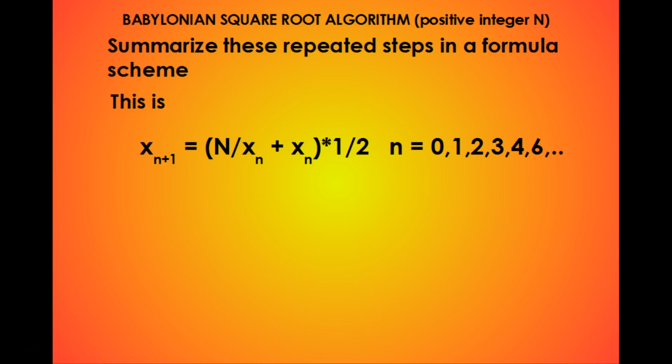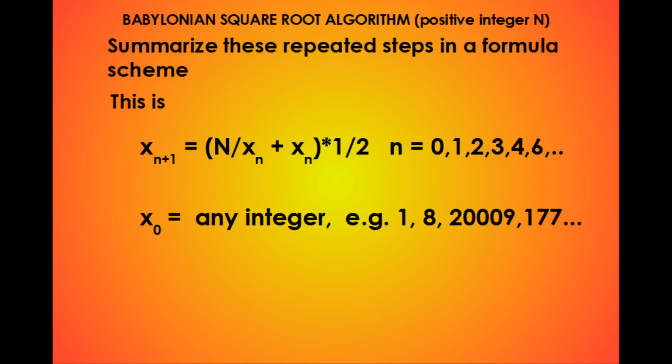And xn is the value that was got from the previous step. So looking at this line, n will take on any value from 0, 1, 2, 3, 4, and so on. And x0 was any integer that was chosen to start off as an initial value.